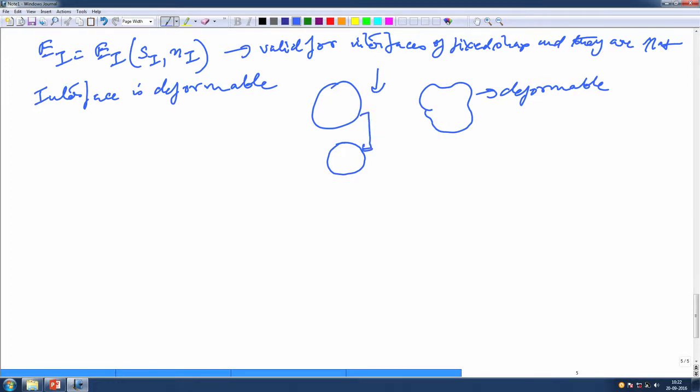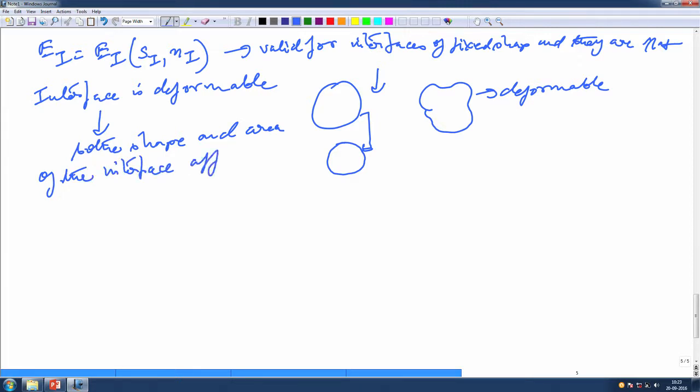If the interface is deformable, both the shape and the area of the interface affect the internal energy.